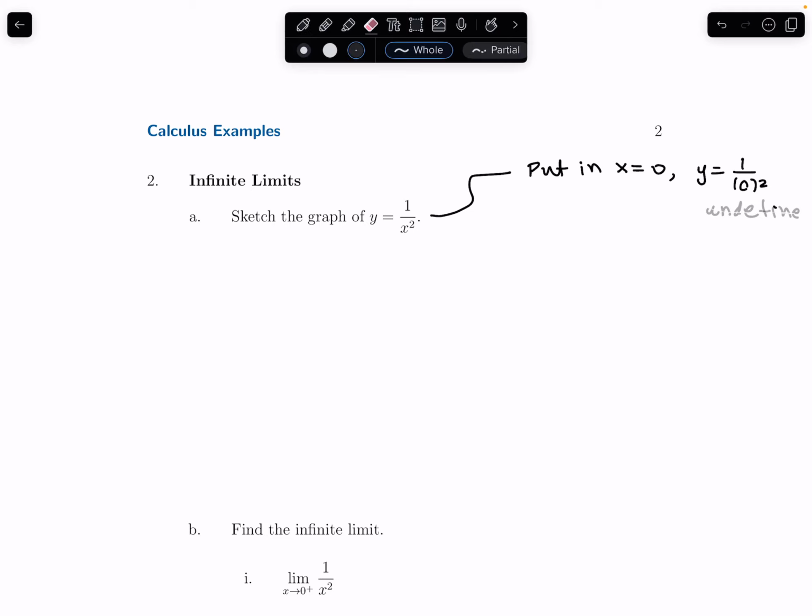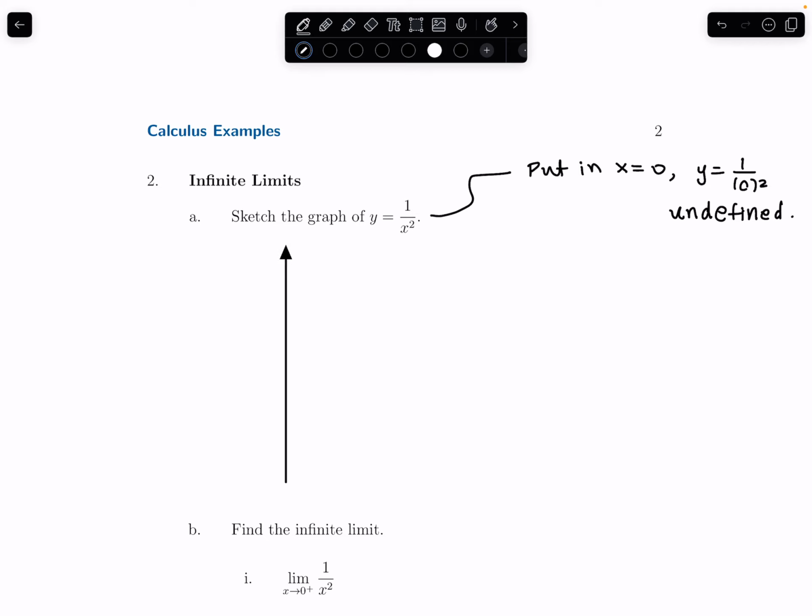So you can put any number in for x, but not 0. The domain is all real numbers except 0. And what we're going to see is that this leads to a vertical asymptote.